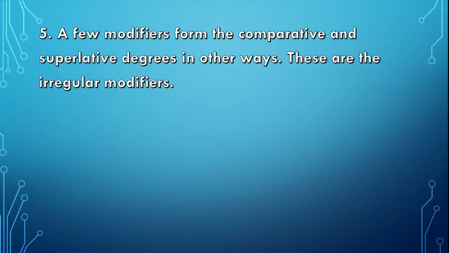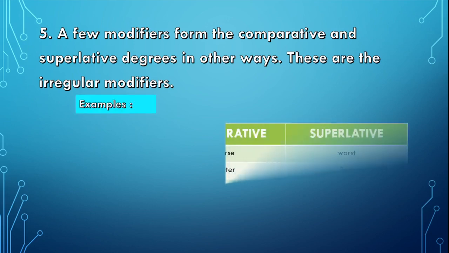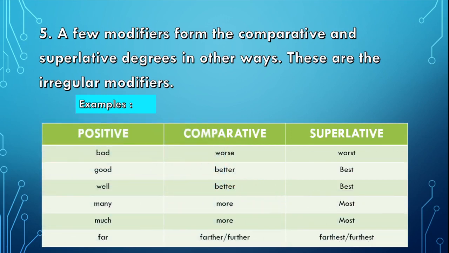Fifth, a few modifiers form the comparative and superlative degrees in other ways. These are the irregular modifiers. Examples: positive, comparative, and superlative.